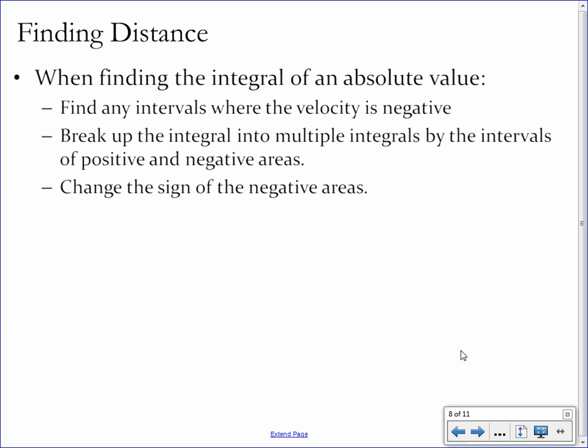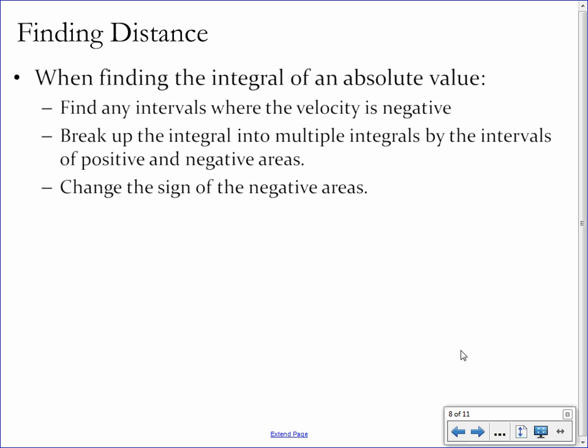So what we need to do, we need to figure out the intervals where our velocity is negative. The intervals where our velocity is negative means we are under the x-axis, right? And what do we know about area under the x-axis? It's negative, but we don't want negative area. We want it to be positive.